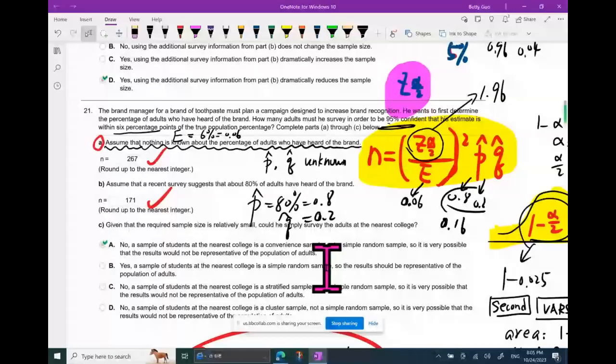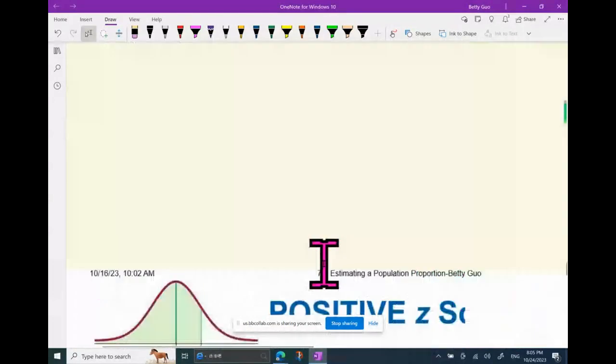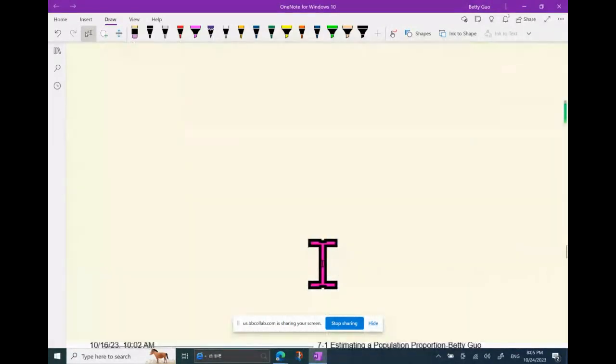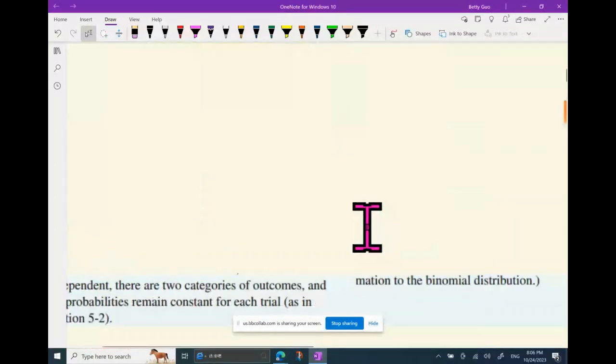So the entire denominator has both p hat and q hat over it. Okay, I got you. You are talking about chapter 7, sample size determination for proportions and means, and it just has E squared underneath the entire thing.